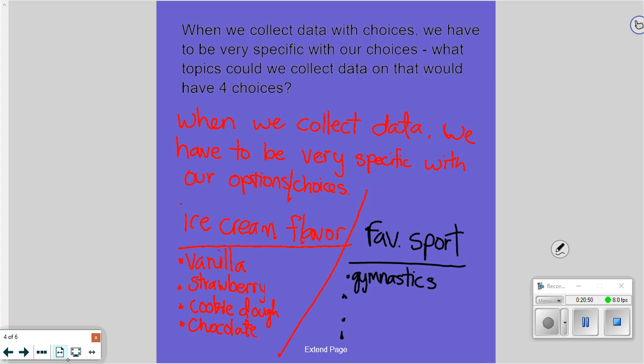Dance. Bryson? Baseball. Huxley? Volleyball. Oh, thank you. Is this every single sport? No. It is not. However, it's 4 choices. So out of those 4 choices, what is your favorite sport?